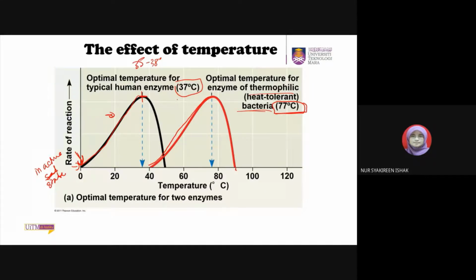It cannot catalyze the reaction because there is no kinetic energy to cause collision between the enzyme and the substrate. So therefore, there is no reaction. If the temperature is really low, there is no kinetic energy, there is no collision between substrate and enzyme, so therefore no reaction occurs.